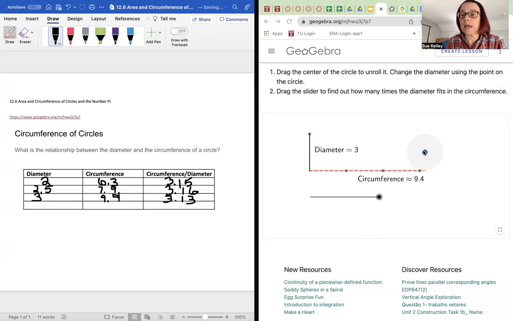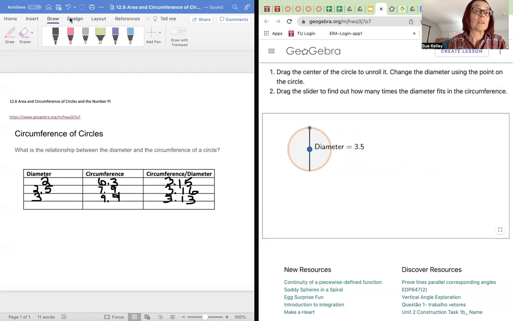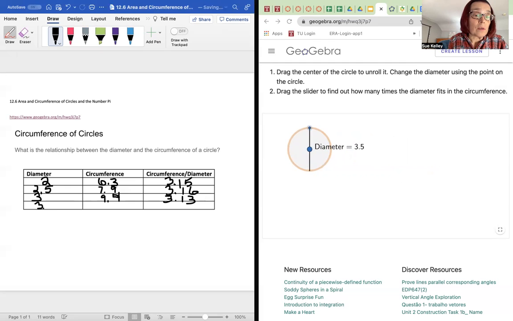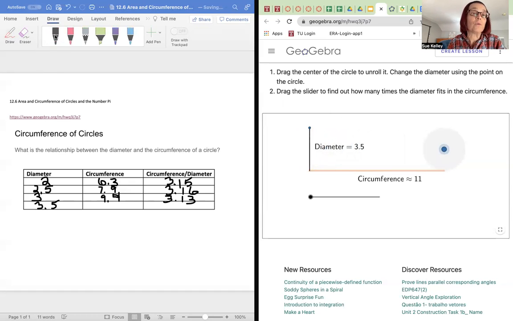All right, reset. One more try. Here I'm going to set my diameter to 3.5. Again, you can try this on your own, and you can set the diameter to whatever you want and see what you get. See if you get similar results to what I'm getting. So now we have about 11 for our circumference.